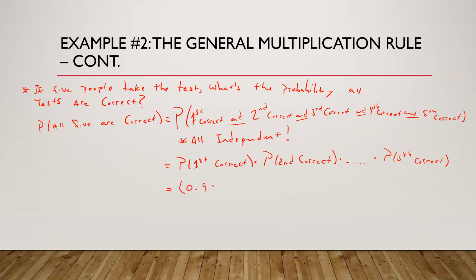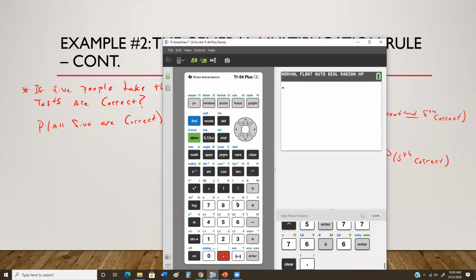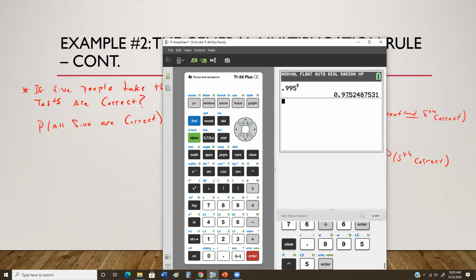Yep, but how many times are we multiplying this together? 5. You can put it to the 5th power. Yeah, so then you just grab your trusty calculator. It's 0.995 raised to the 5th power. So the answer is 0.975. I'll just go to 3 decimal places, 0.975.